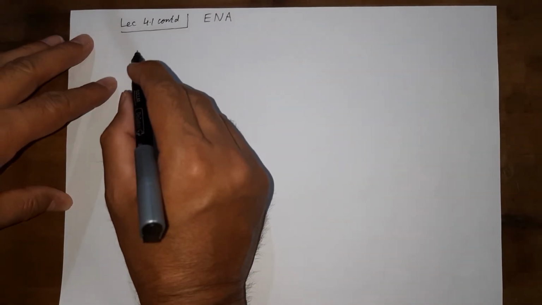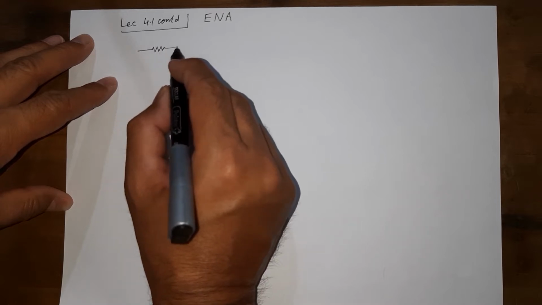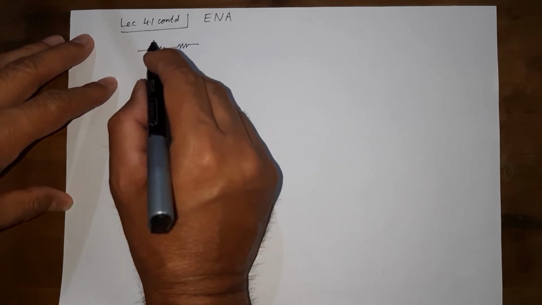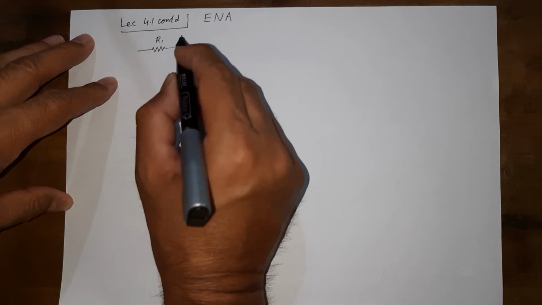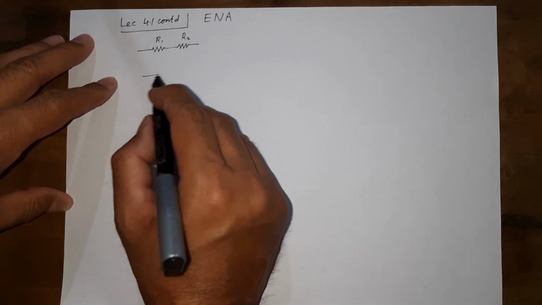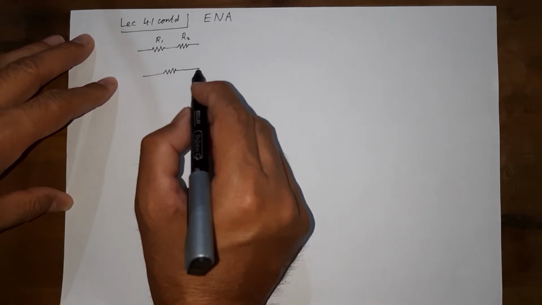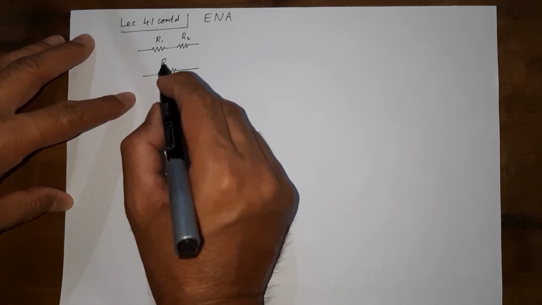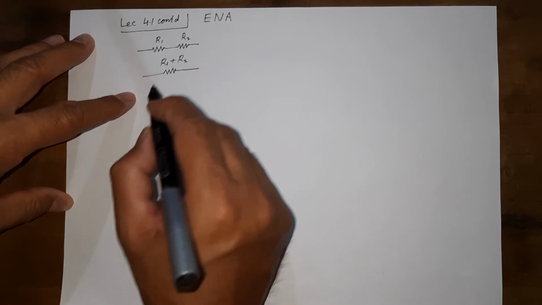So if instead of a single resistance we have multiple resistances, say this is R1 and R2, now with our circuit analysis knowledge we know that their equivalent is going to be the sum of these.